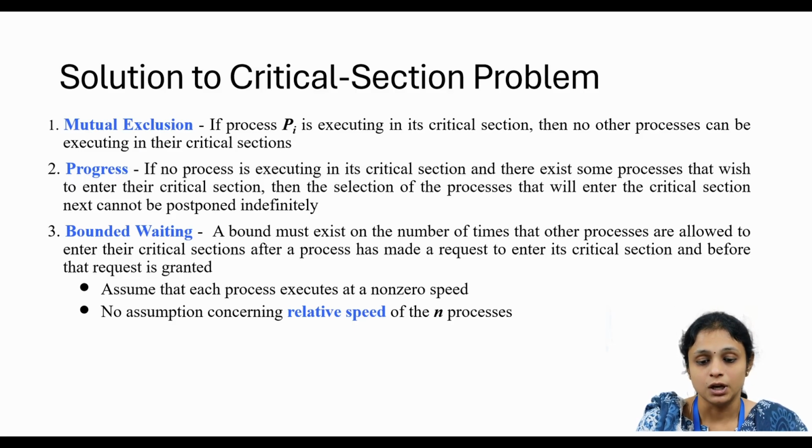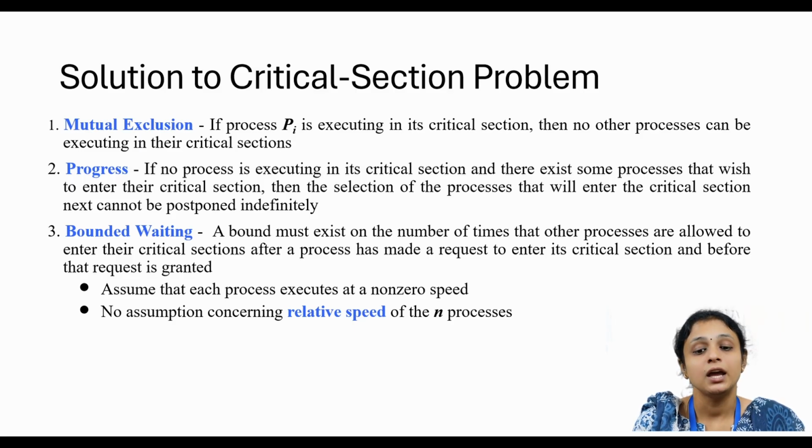Mutual exclusion: if a process Pi is executing in the critical section, it must ensure that no other processes can be executing in their critical sections. So it's just a mutual understanding between two processes. Second one is progress.